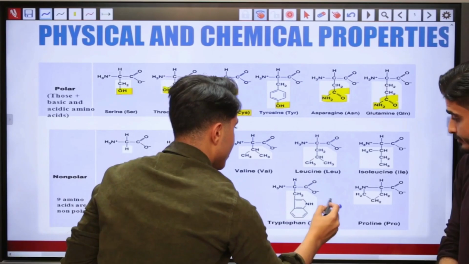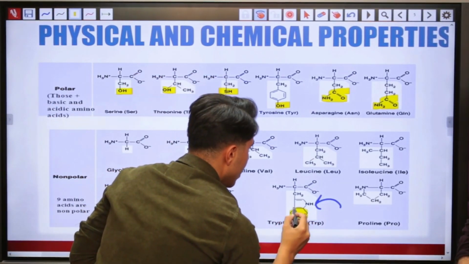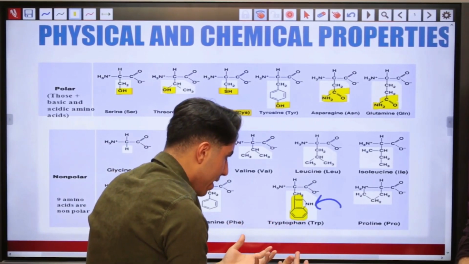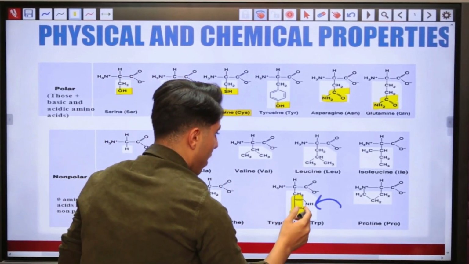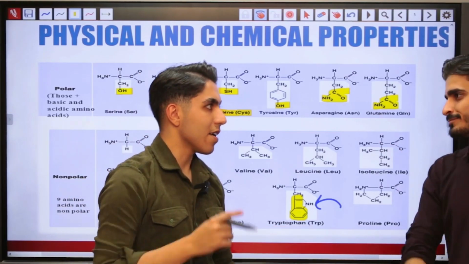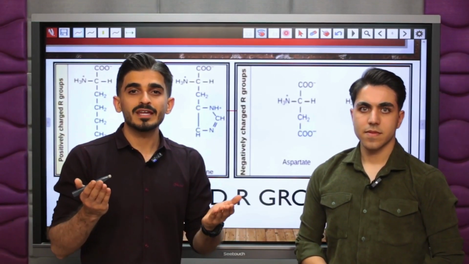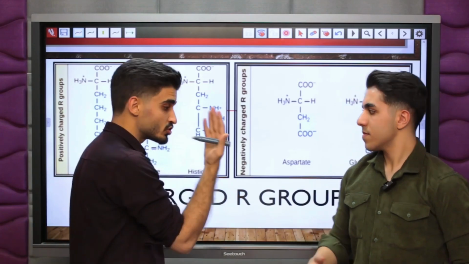Although there's a nitrogen in tryptophan, the nonpolar part is so large and bulky that it overcomes the polar part. As a result, tryptophan is considered nonpolar.